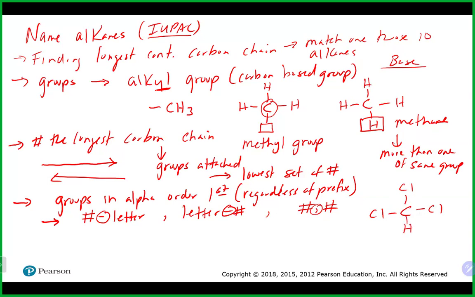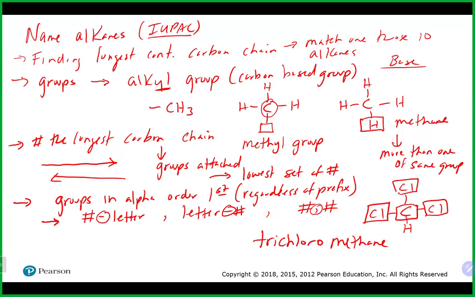In this case, the longest carbon chain is 1, right, which would be methane. We have a chlorine group, a chlorine group, and a chlorine group here, and that is 3 of the same group. So that would be known as trichloro.